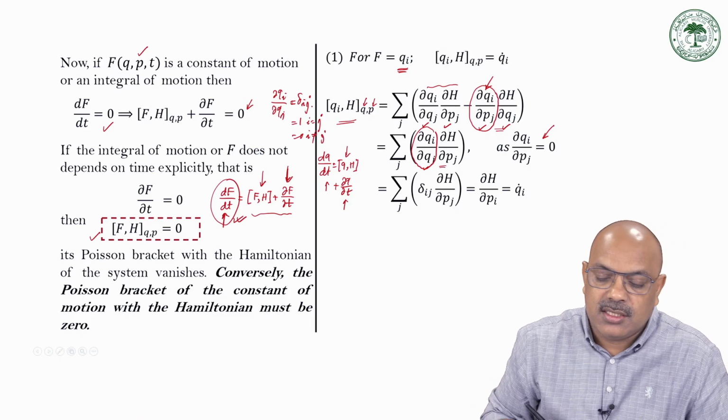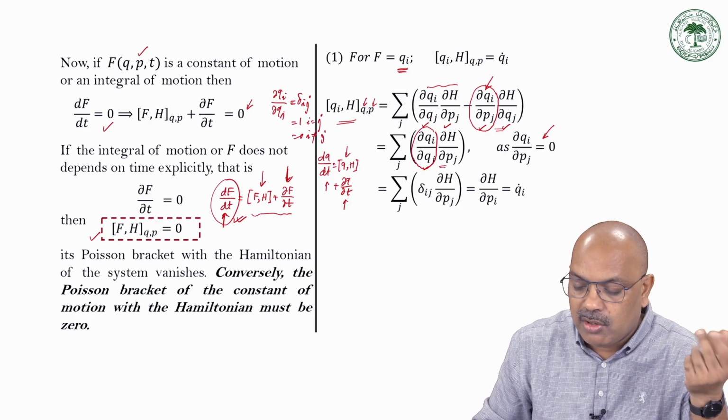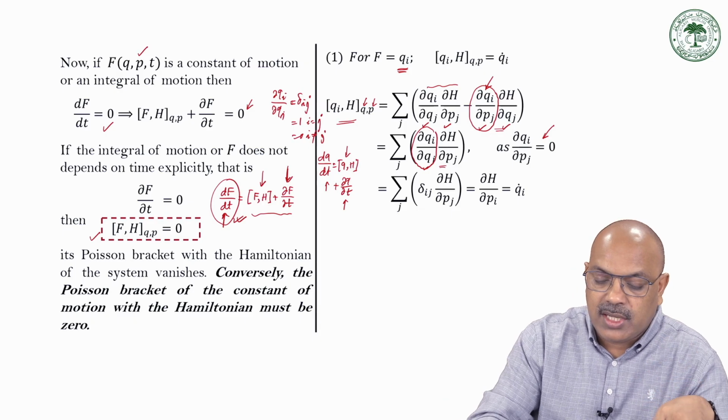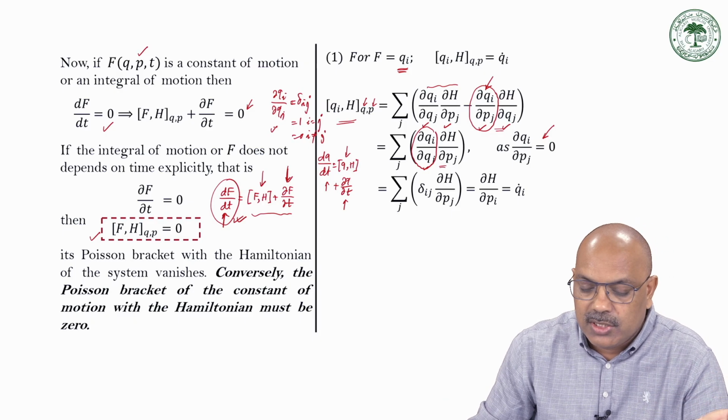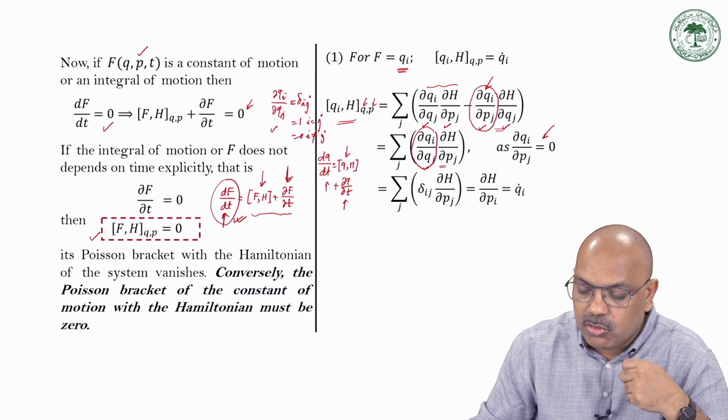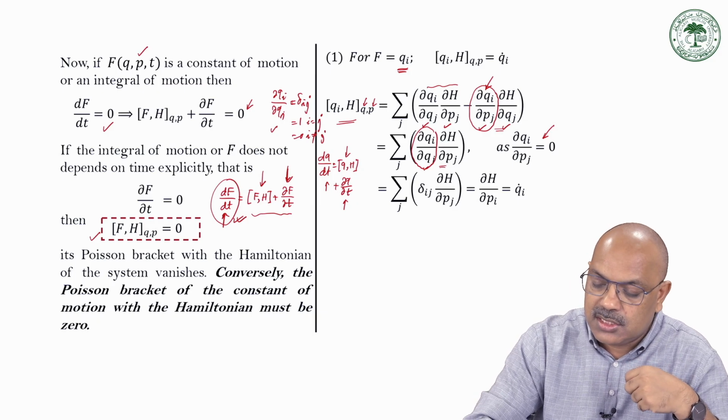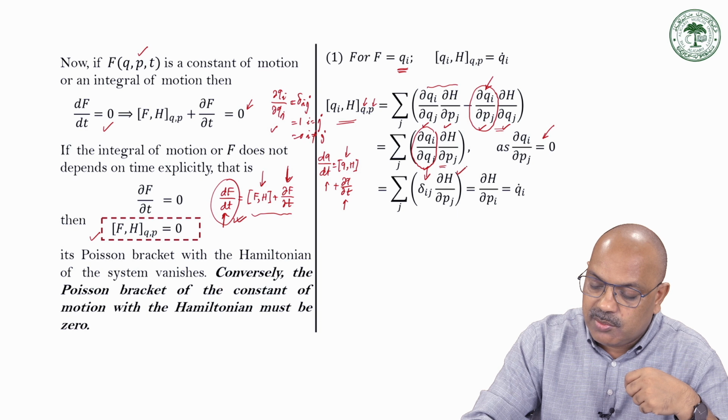So this is my canonical delta symbol operator. Because when i equals j, this becomes q upon q, which is 1, and otherwise it is 0. So this is my δ_ij, and this is ∂H/∂p_j.